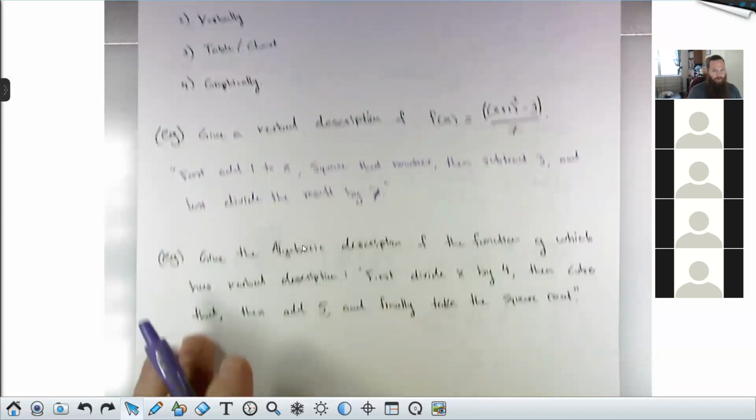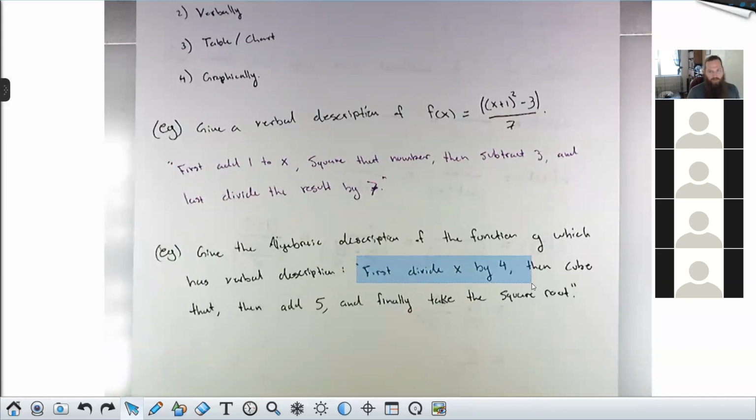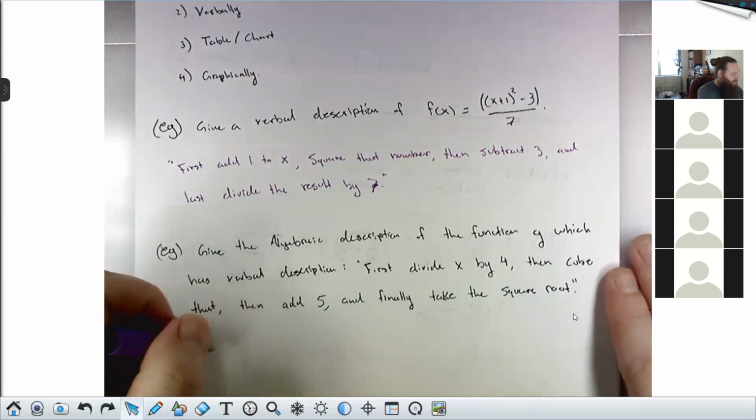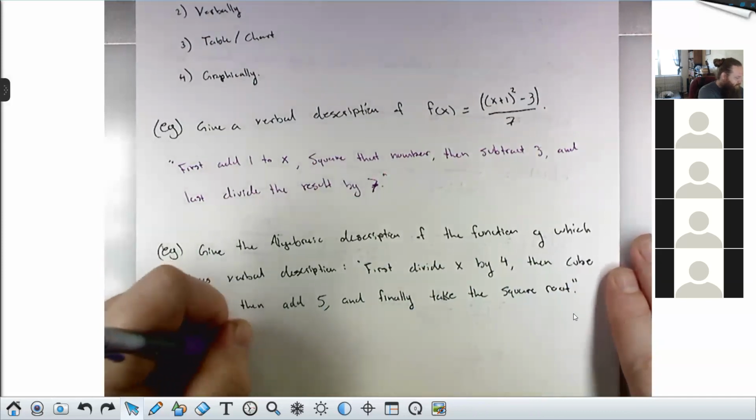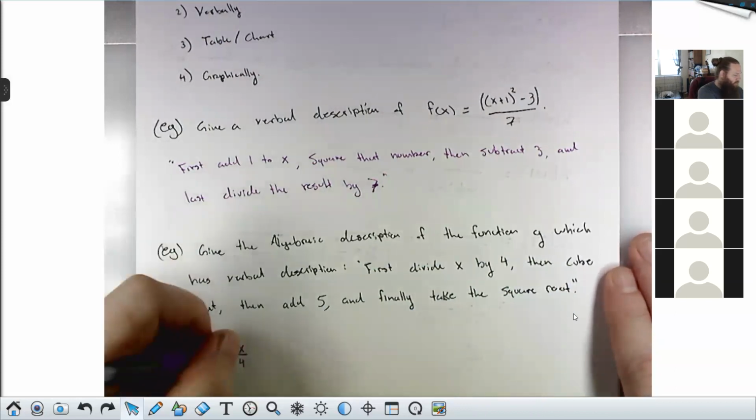So I've been given a verbal description. This new function here, g, takes x and divides it by 4, then cubes the result of that division, then adds 5 to that, and then at the very end takes the square root of all that. So you kind of start with the inside, right? Divide x by 4. Okay, that's x over 4.